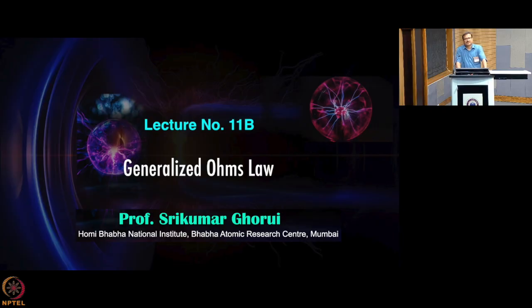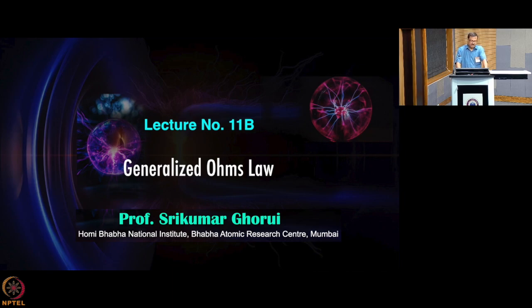So hello everyone, we are back again to our plasma class, and what we will be starting today is the generalized Ohm's law. Nowadays we are dealing with the plasma fluid model.